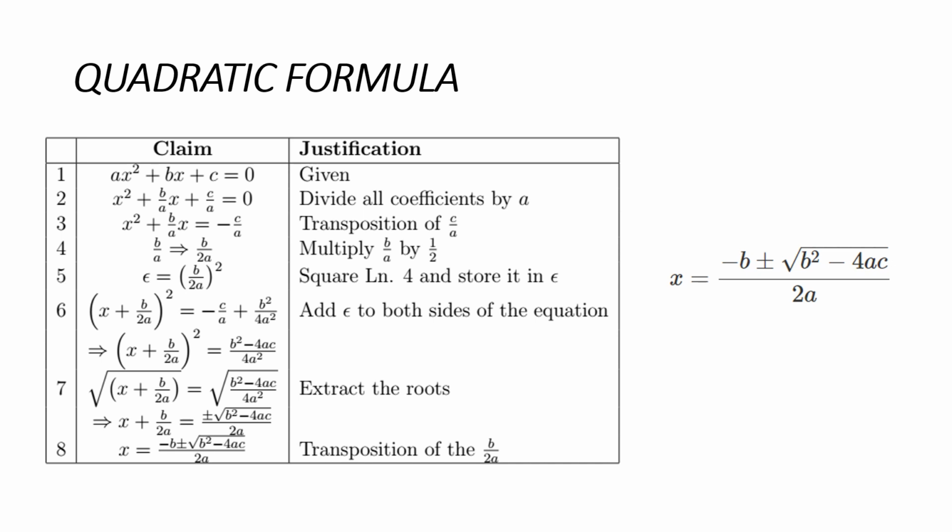The proof has to do with completing the square, transforming that original standard form so that a is equal to 1, and using completing the square so that we can effectively figure out what x is on its own.